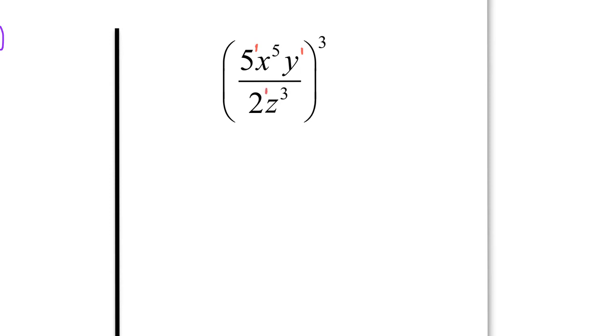This 2 has an invisible 1 exponent. So now you are going to distribute or multiply this 3, the exponent, times the 1 inside, this one, this one, this one, and this one for the z. All the exponents inside of the parentheses, you will multiply by the one outside. So I don't need the fraction anymore. I'm going to start with the base of 5, and I multiply 1 times 3. That's going to be 3, so there's the exponent of 3.